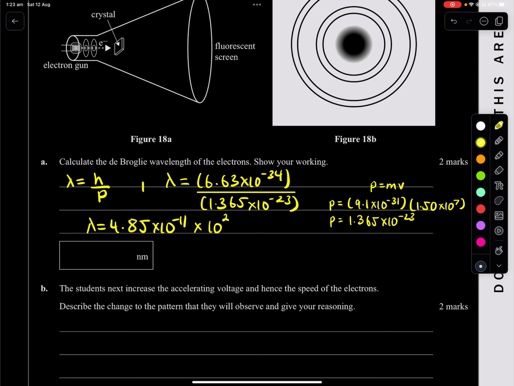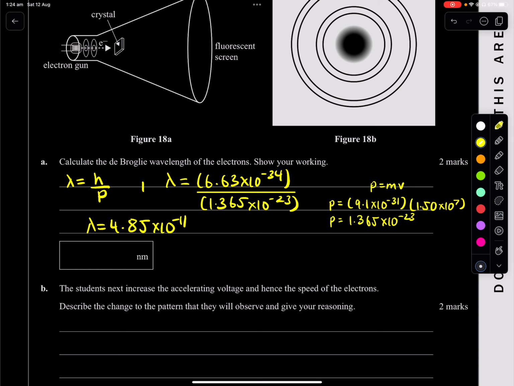So 4.85 times 10 to the negative 11 divided by 10 to the power of negative 9.